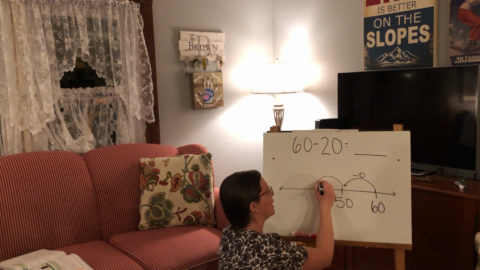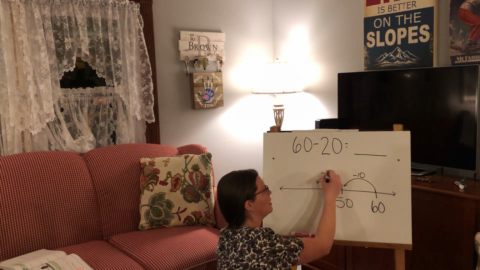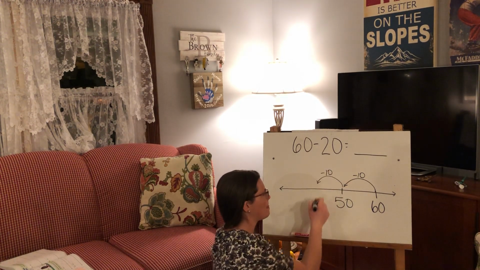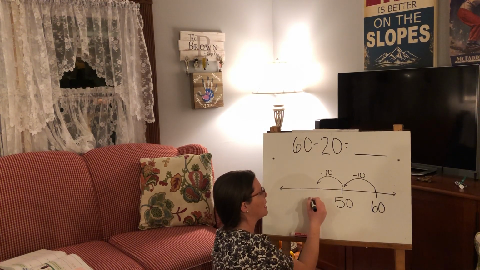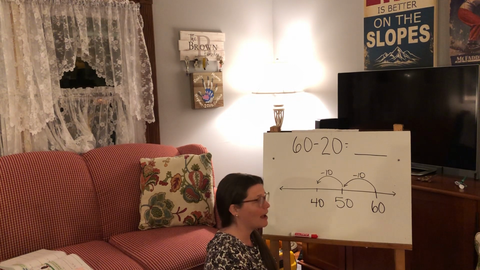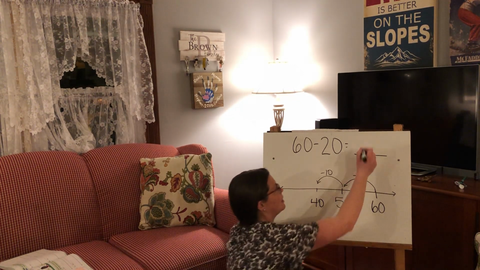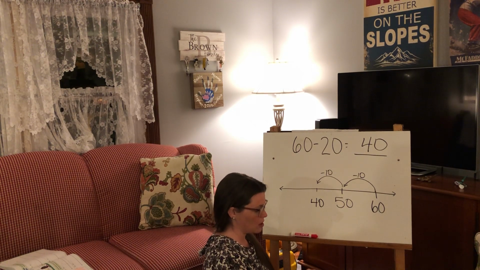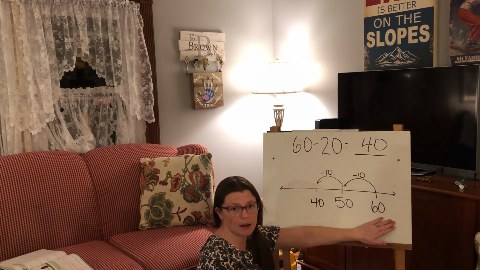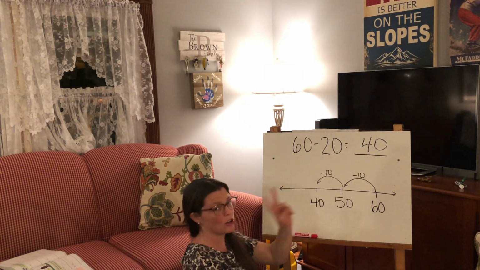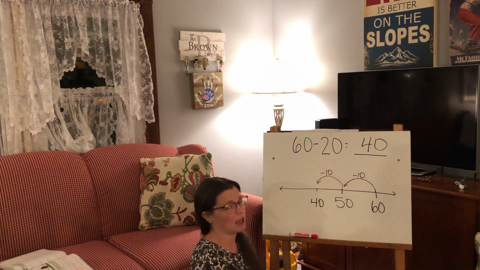Then I'll jump back another 10. I had to do it 2 times because it's 20, and I ended up at 40, okay? So my answer is going to be 40. So we started with the biggest number, and we jumped back 10 2 times because it was 20.